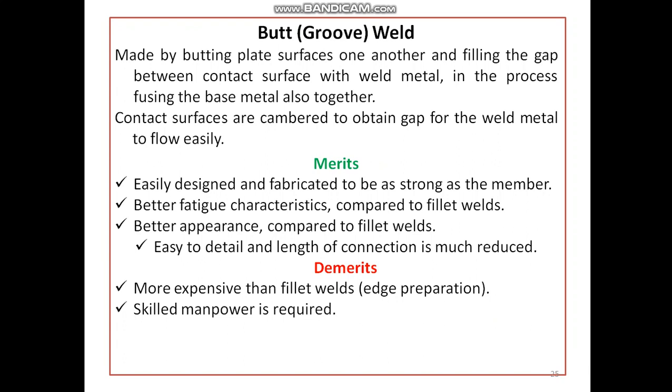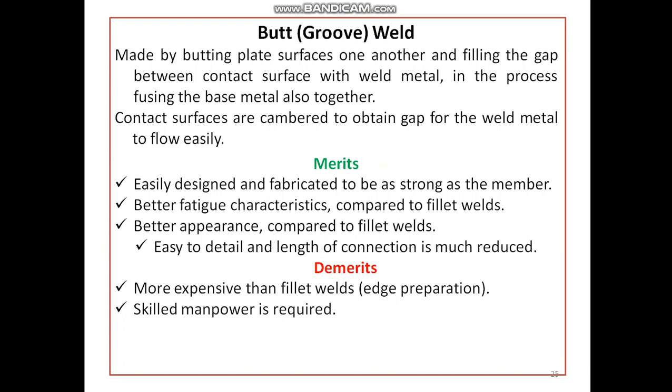Especially in this type of welding, two surfaces or two plates which are to be joined are butted together, and the gap which is left between them is filled by using the welding. The contact surfaces are cambered to obtain the gap for the weld metal to flow easily.